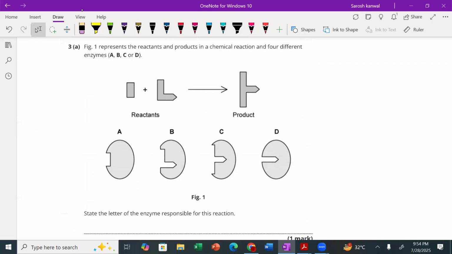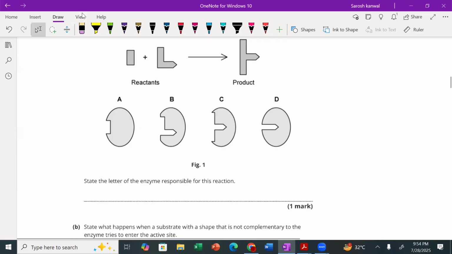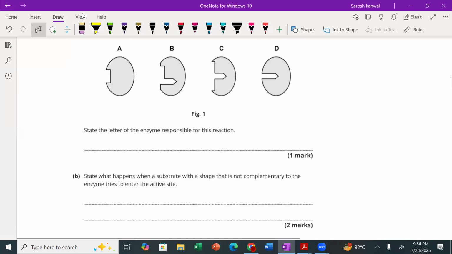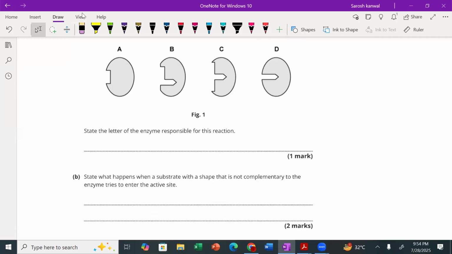Okay, figure 1 represents the reactants and products in a chemical reaction and four different enzymes A, B, C, D. State the letter of the enzyme responsible for this reaction.